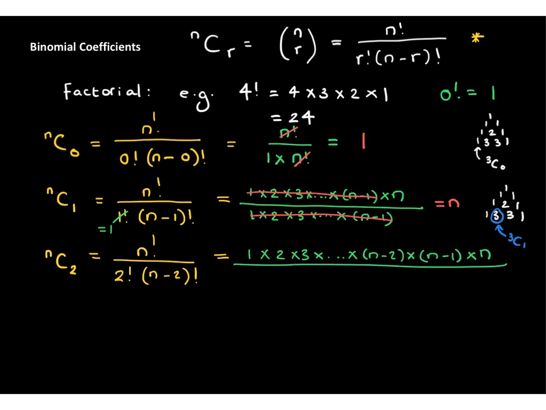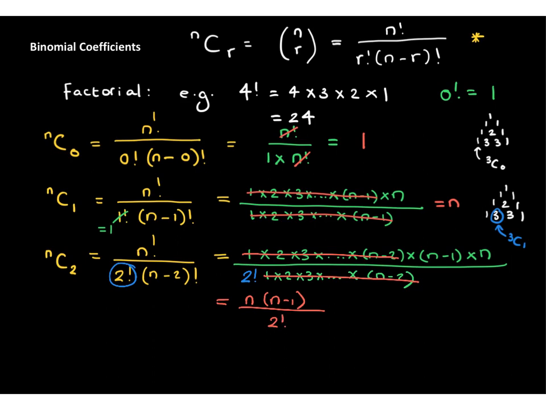Now this is all over a denominator. I'm going to leave 2 factorial as it is, but I'm going to rewrite n minus 2 factorial as all of the integers up to and including n minus 2 multiplied together. Let's look at the pattern of cancellation here. All of these numbers will cancel in the division, and you're left, very interestingly, with an n and n minus 1 in the numerator and a 2 factorial in the denominator.